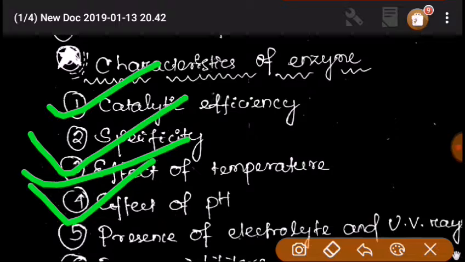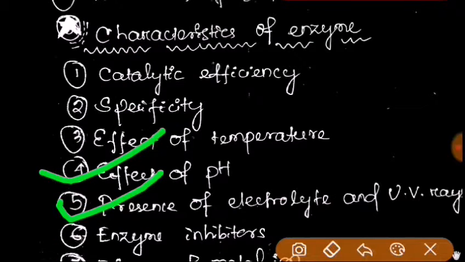Next I come to the presence of electrolyte and UV ray. The enzyme loses its activity in the presence of electrolyte or when exposed to UV radiation, because the enzyme gets denatured.